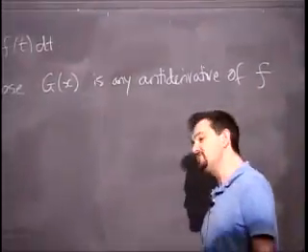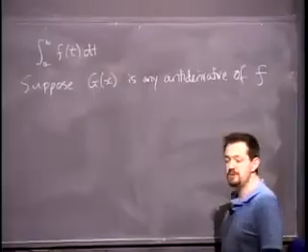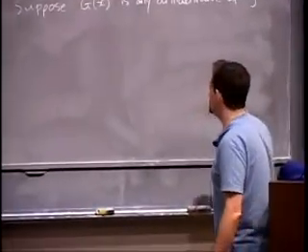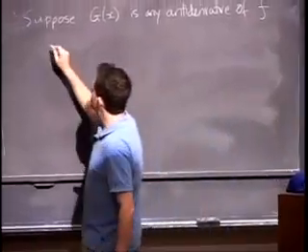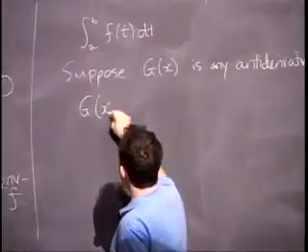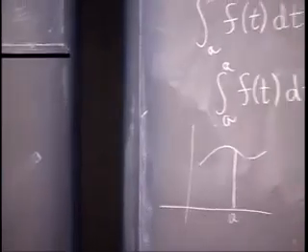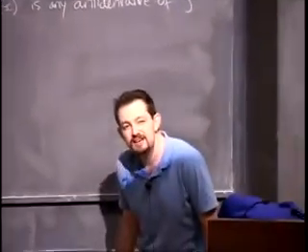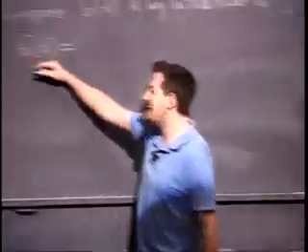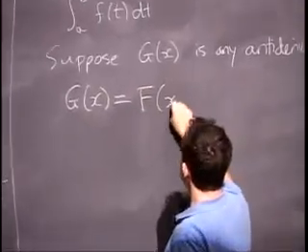If we can find one, my point is it doesn't matter which one we use, as long as you get the formula right. What do we know? We know that capital F, defined in our way, well, it was defined on the previous board. We don't need to scroll over it. We know that capital F is an antiderivative. G is another antiderivative, so they must differ by a constant.